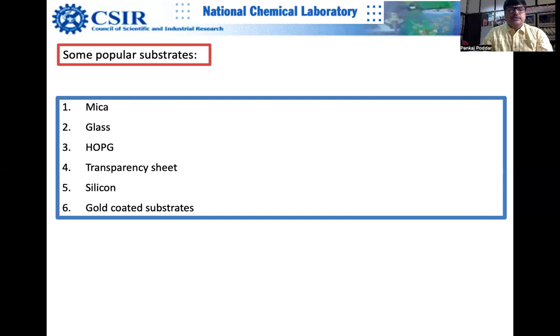But with gold coating on the substrate, you have to be careful because it can increase the surface roughness, depending upon how you coat it. But gold provides good functionality because gold makes nice covalent bonds with thiols and amines.